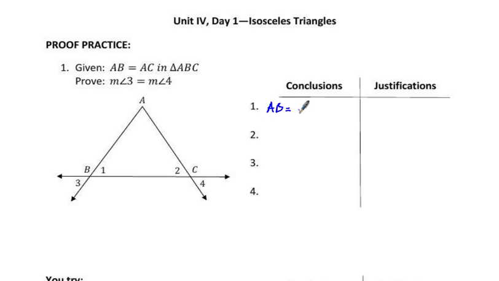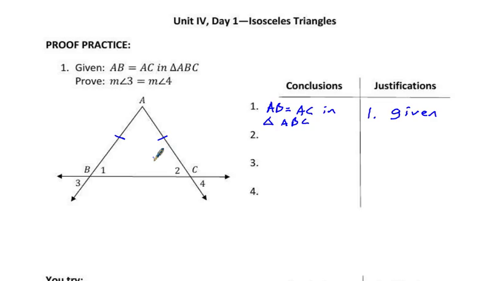AB equals AC in triangle ABC. Remember, we copied the given exactly as is, and the reason or justification here is that it was given. Then we put that information on the picture, that AB equals AC, and we'll move on from there.